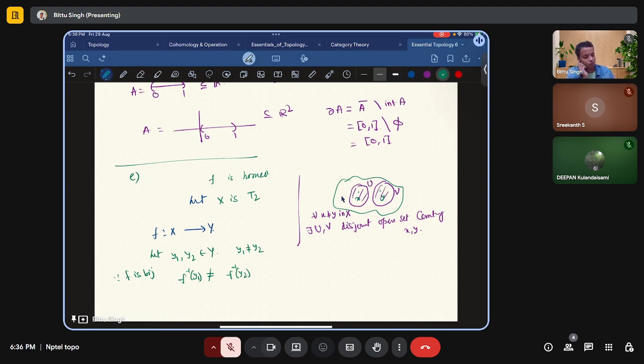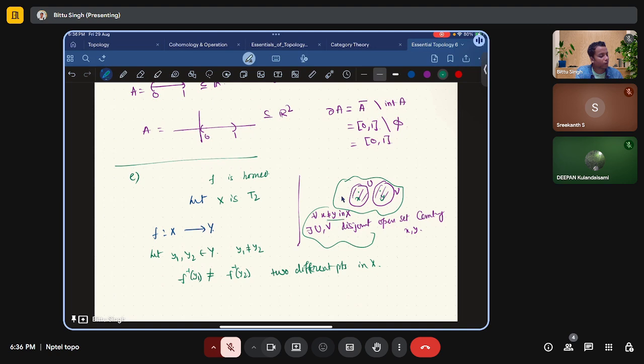So this is true for any general case, but here f is a bijection, therefore f inverse of y1 and f inverse of y2 are both singleton sets, that is, points. Those two points are different points in X. Therefore, we can use this property.